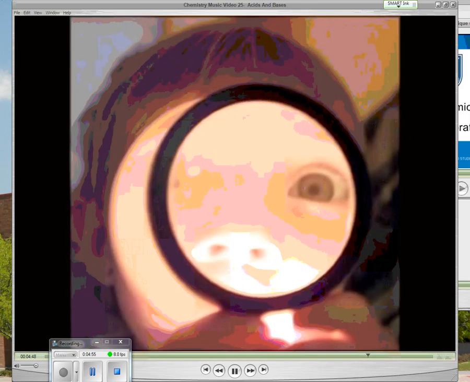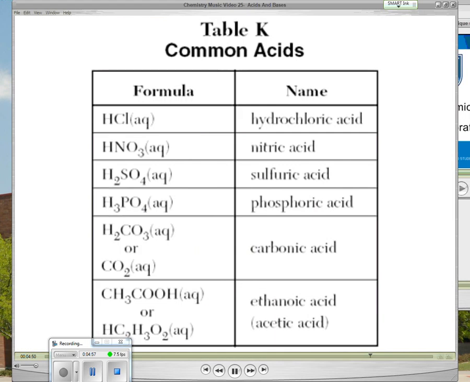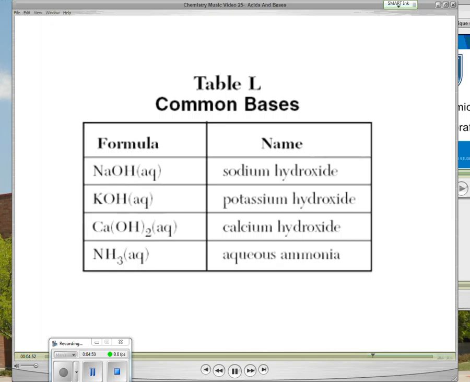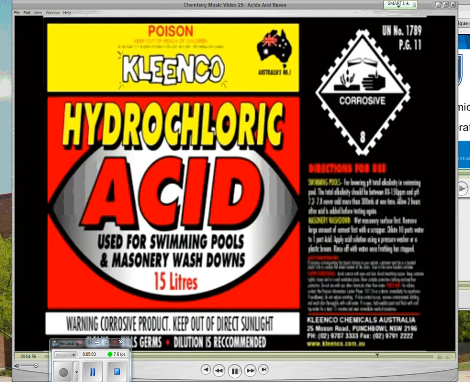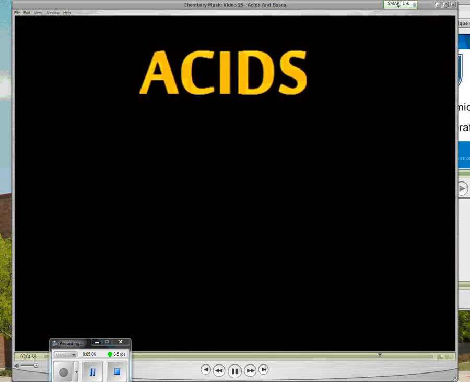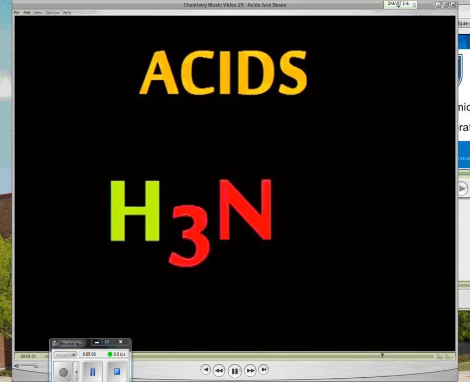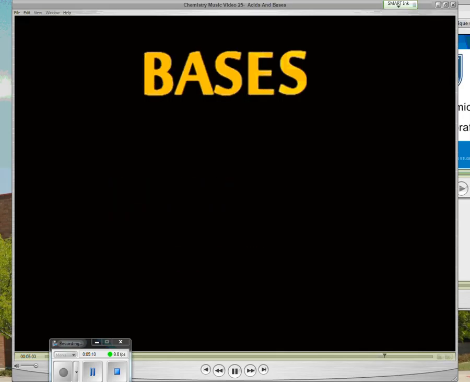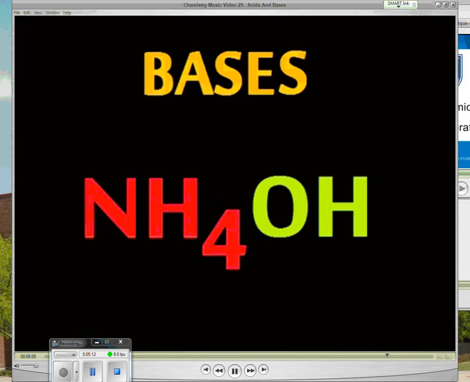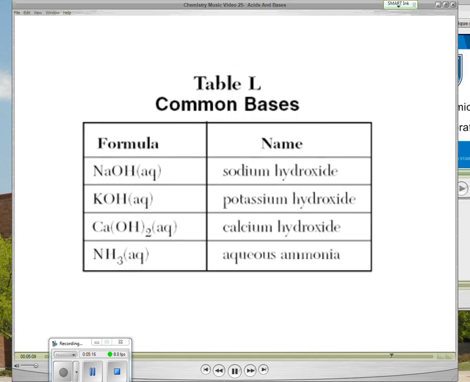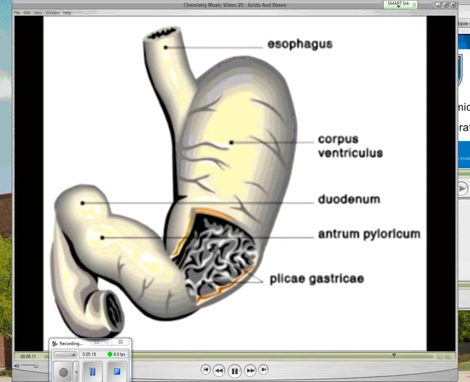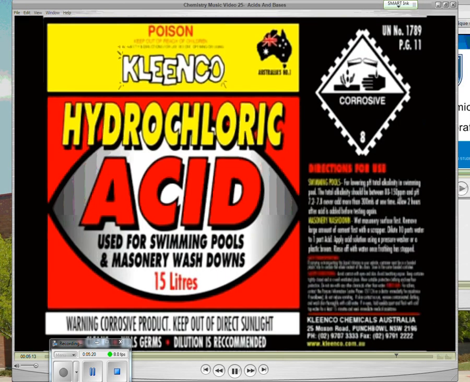Acids and bases, in life you have a place.